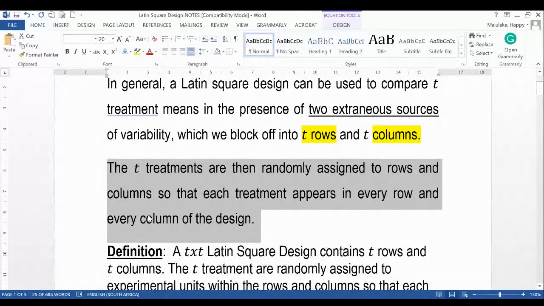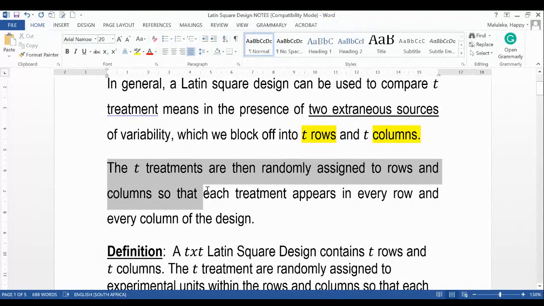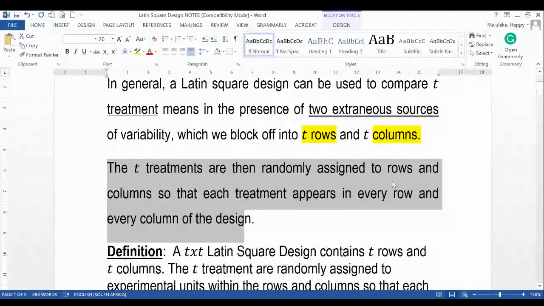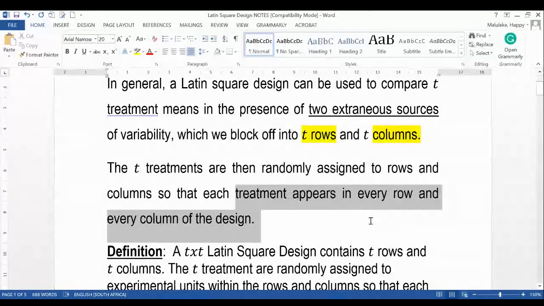But there is a condition assigned to those treatments. The T treatments are randomly arranged to the rows, which is block 1, and the columns, which is the second block, so that each treatment appears in each and every row and each and every column. Let's get the definition right.